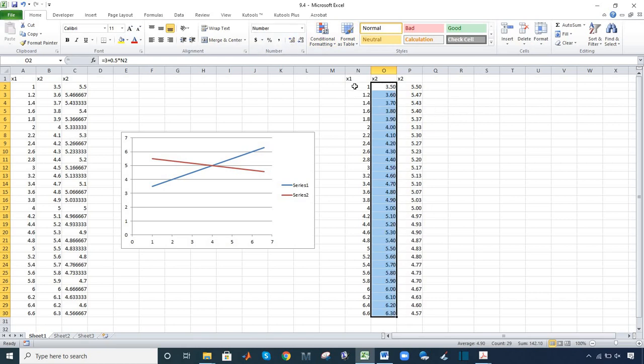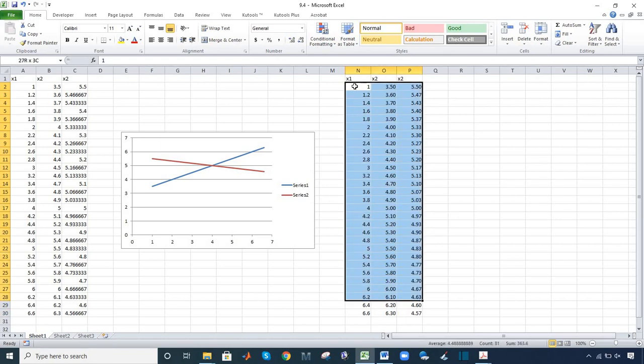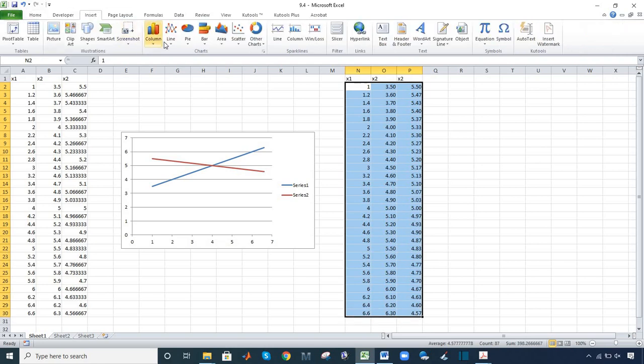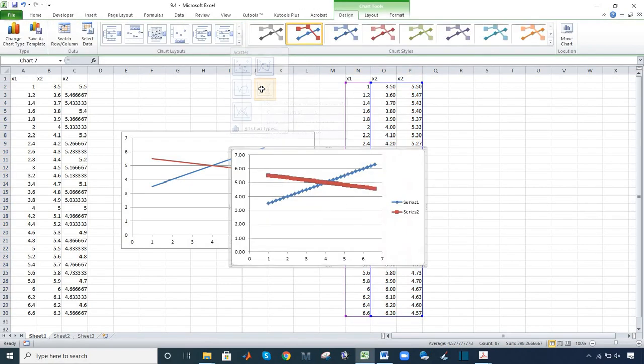Then you have to select all these values, go to insert, and then graph. For example, I select this graph. This is the required graph.